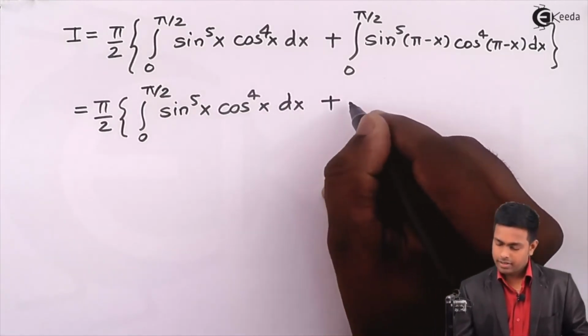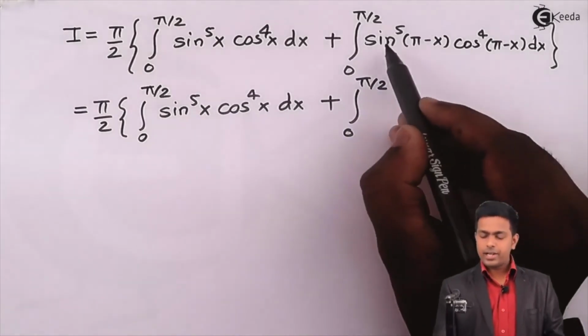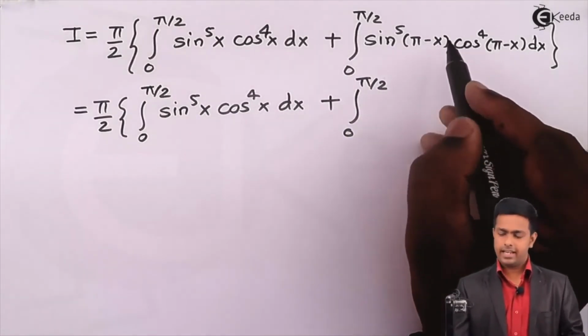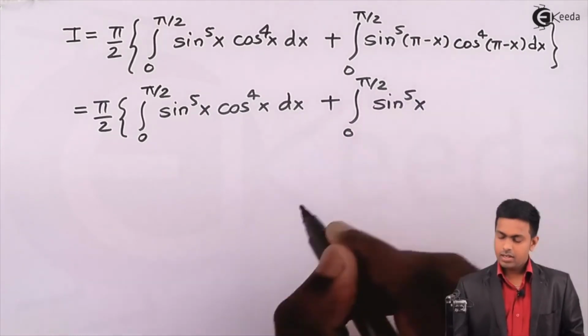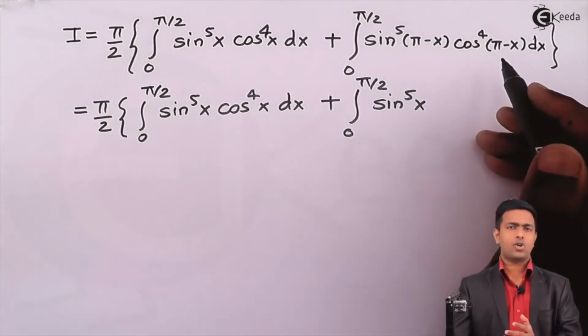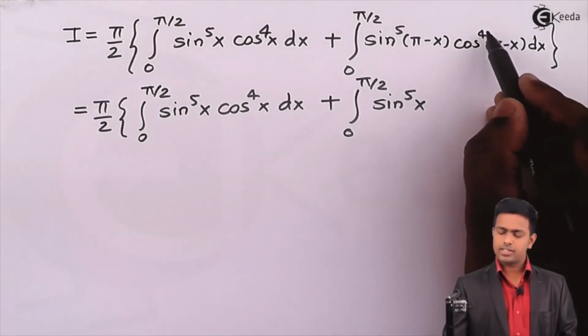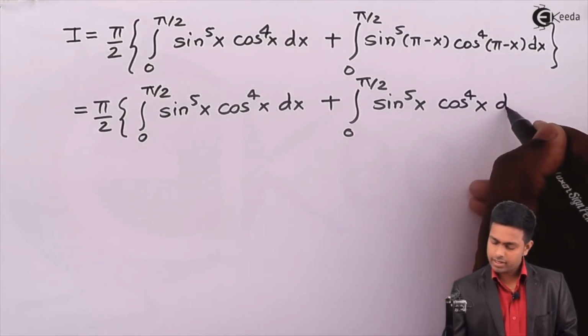plus here integration from 0 to pi upon 2. Now the value of sine of pi minus x is sine x, and raised to 5 will become sine raised to 5x. Similarly, the value of cos of pi minus x is minus cos x. So minus cos x raised to 4 is positive cos raised to 4x dx.